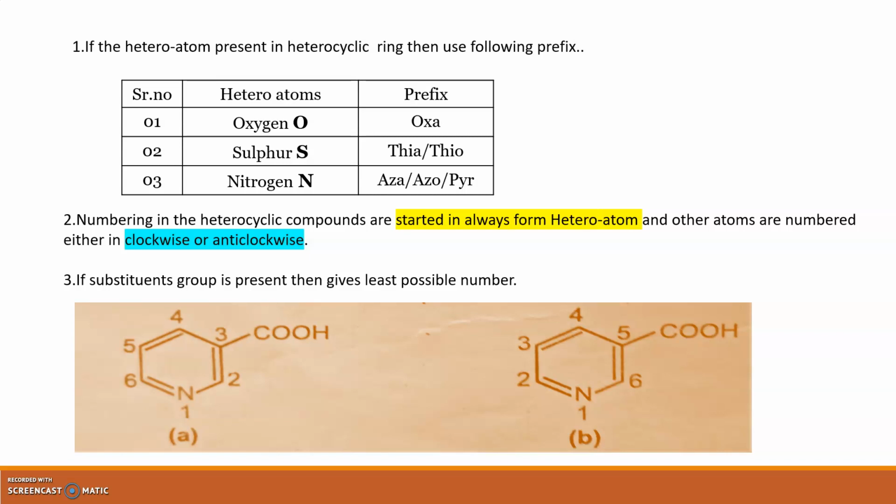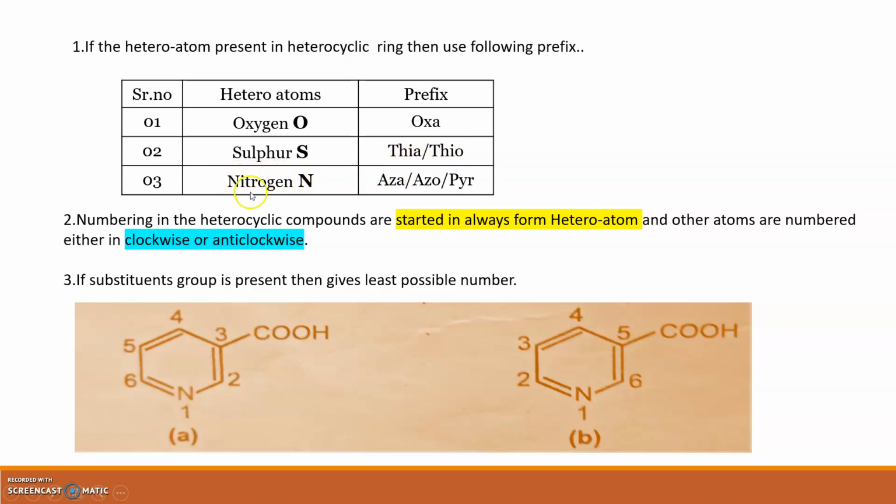First, if a heteroatom is present in the heterocyclic ring, then the following prefixes are used. If the heteroatom present is oxygen, it is denoted by a capital O and the prefix used is oxa. If the heteroatom present is sulfur, the letter used is capital S, and the prefix used is thia or thio.